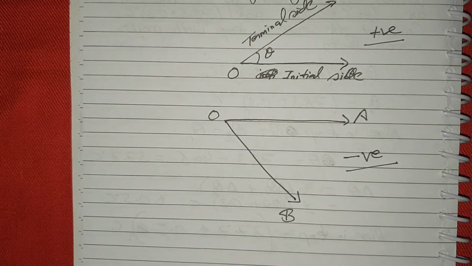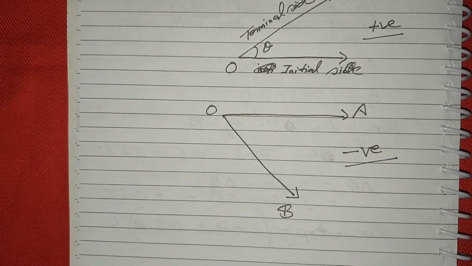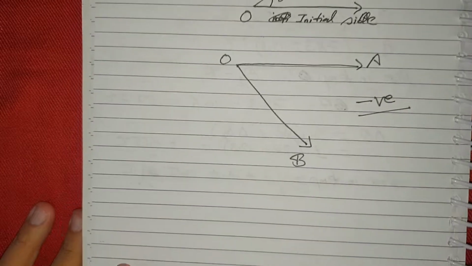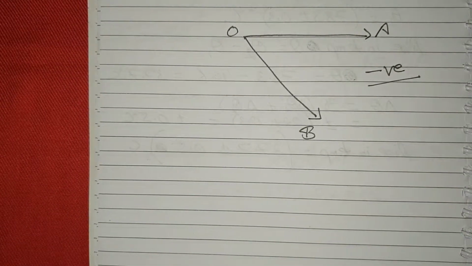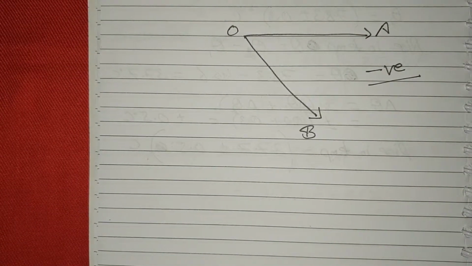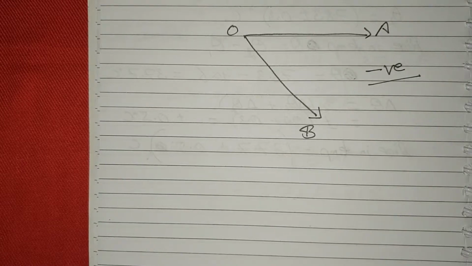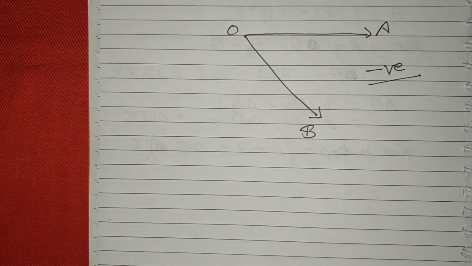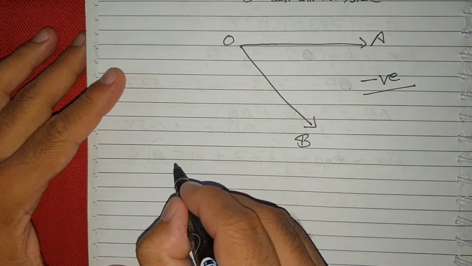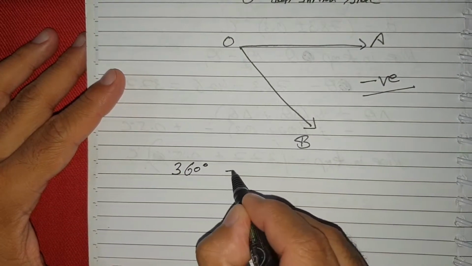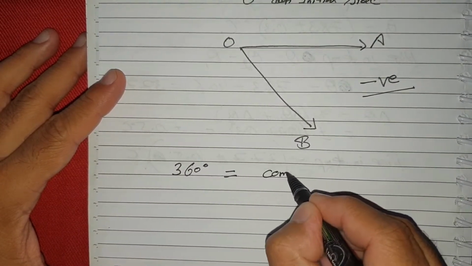Measuring of angles. So basically, when we measure angles, there are two systems of measuring an angle. The degree measure. Now in degree measure, we know that 360 degree is equal to a complete circle.